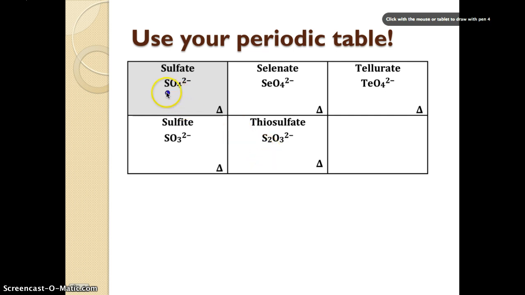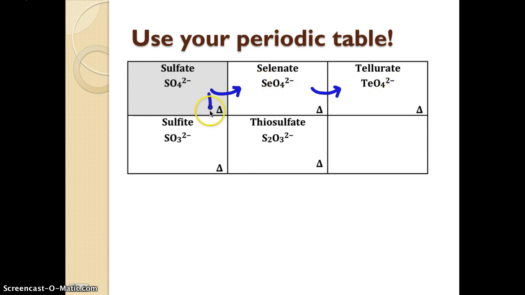If you know sulfate, and you can remember SO4 with a 2 negative charge, then you're going to be able to look down at the next element that's under sulfur and you'll see selenium. These are exactly alike except for the group 16 element has changed. Underneath selenium is tellurium. So all of these are the same. If you know sulfate, you'd know selenate and tellurate.